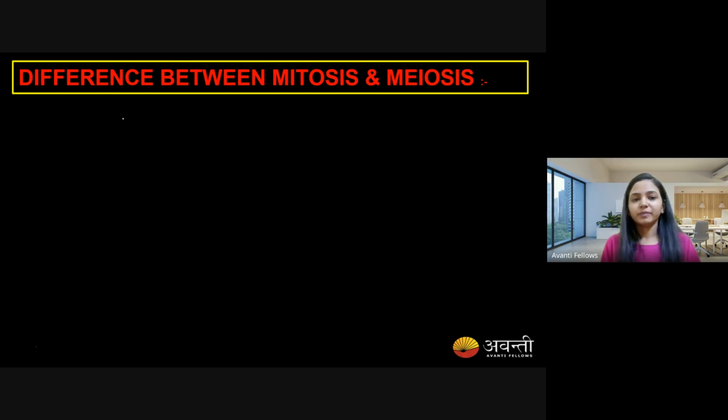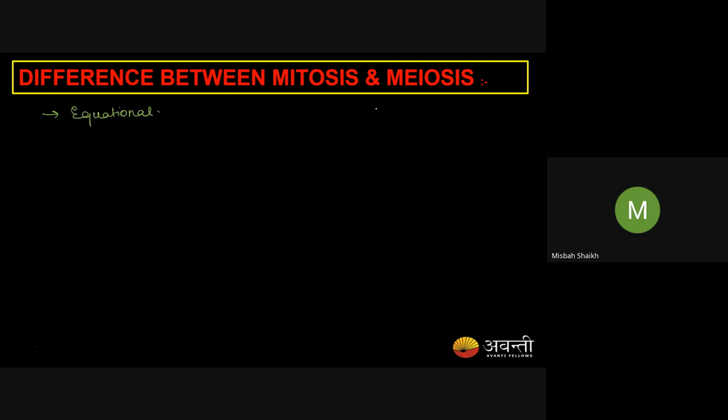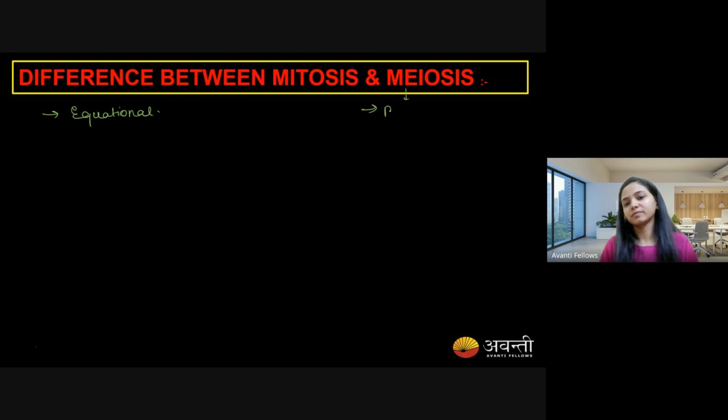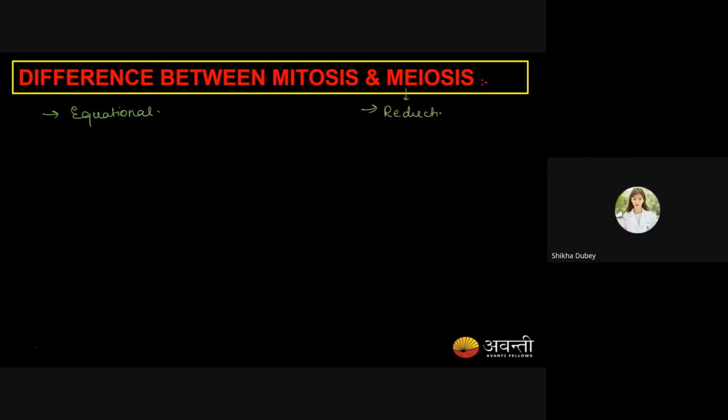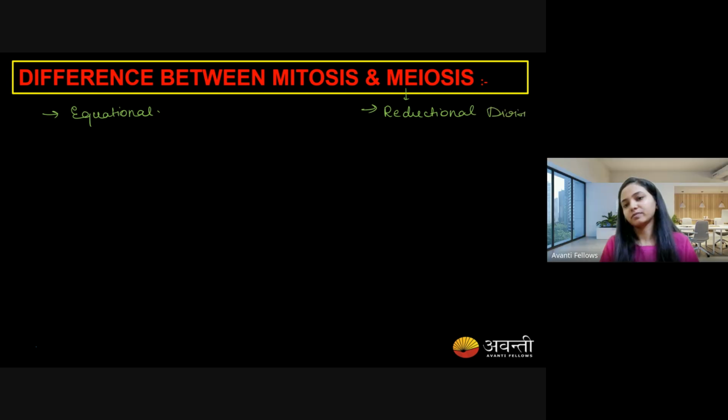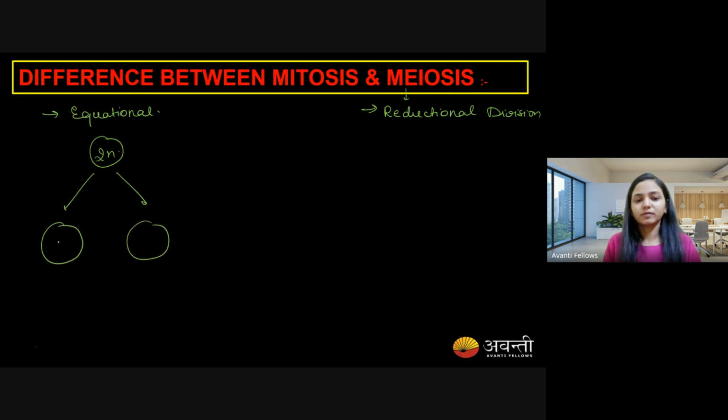Exactly. We can say the first difference is mitosis is equational division, but meiosis is reductional division. If I have a cell of 2n ploidy, then after mitosis, I will get two cells of the same number of chromosomes.